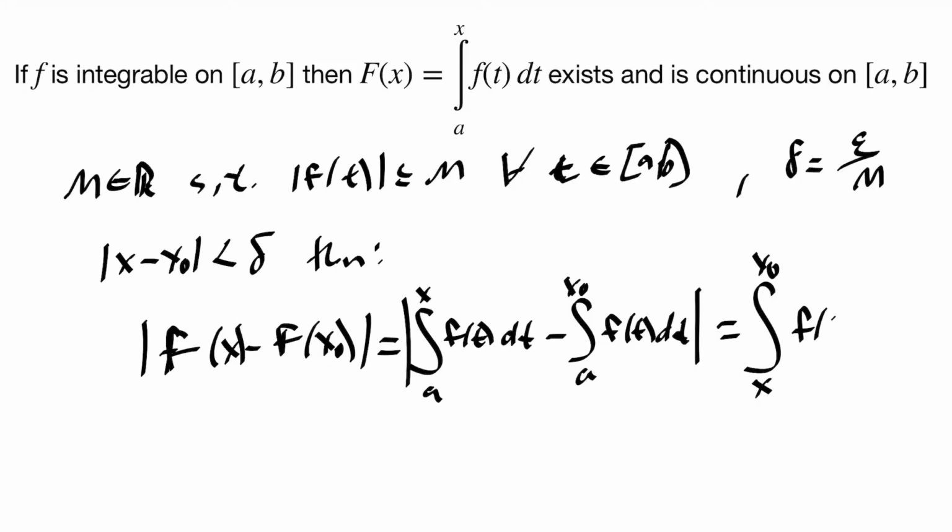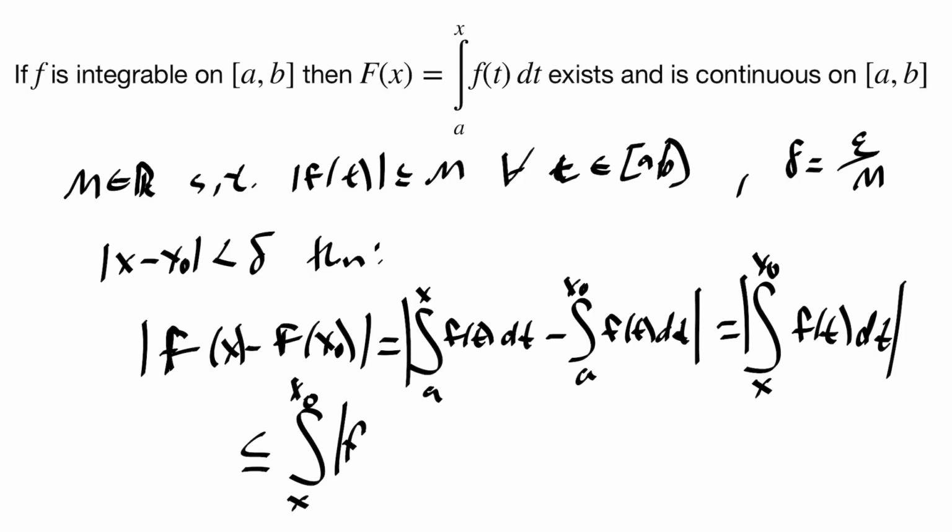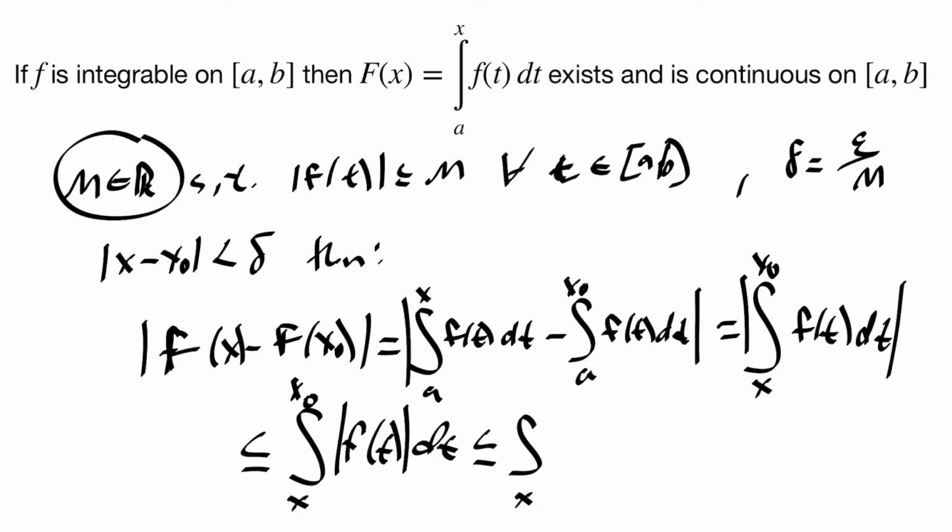Okay, so I know that this is equal to the integral from x to x naught of f of t dt, but this is less than or equal to the integral from x to x naught of the magnitude of f of t dt. But that magnitude is bounded because we chose an upper bound, so M is an upper bound for it.